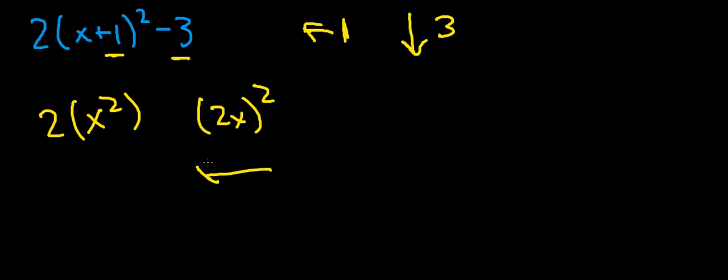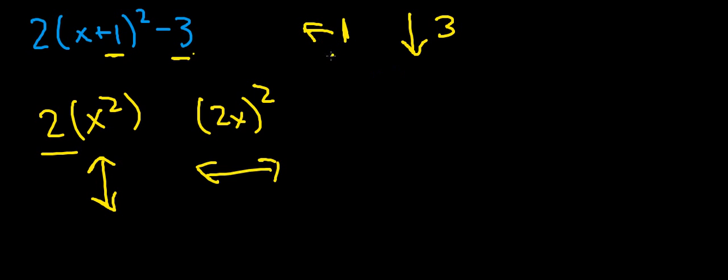This would be horizontal. So again, we have a vertical stretching, because this is a number that is not a fraction. It is not making the y value smaller. It's making the y values twice as large again.